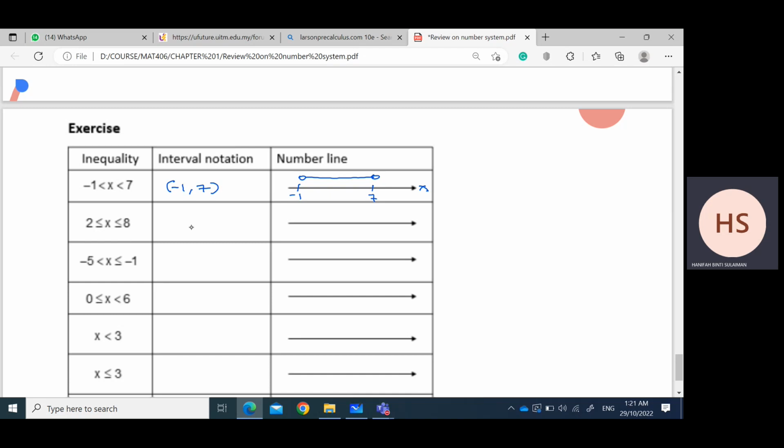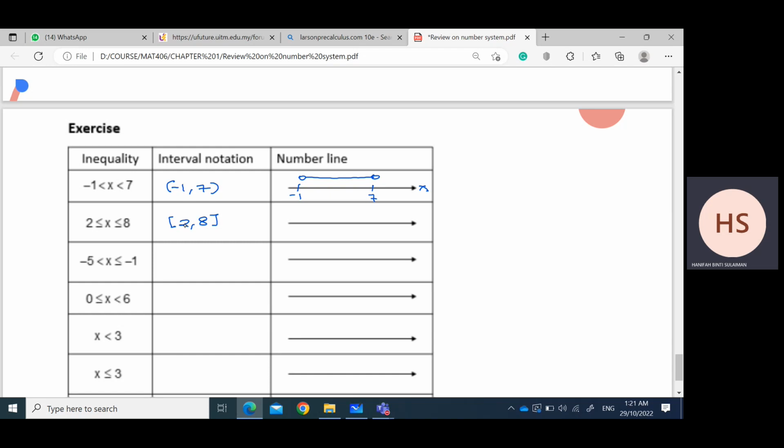Number 2, we have x is 2 to 8, where 2 and 8 are included in the x values, so here we use close brackets. Nombor yang paling kecil adalah 2, di sebelah kiri, dan nombor yang paling besar untuk x adalah 8, kita letak di sebelah kanan.